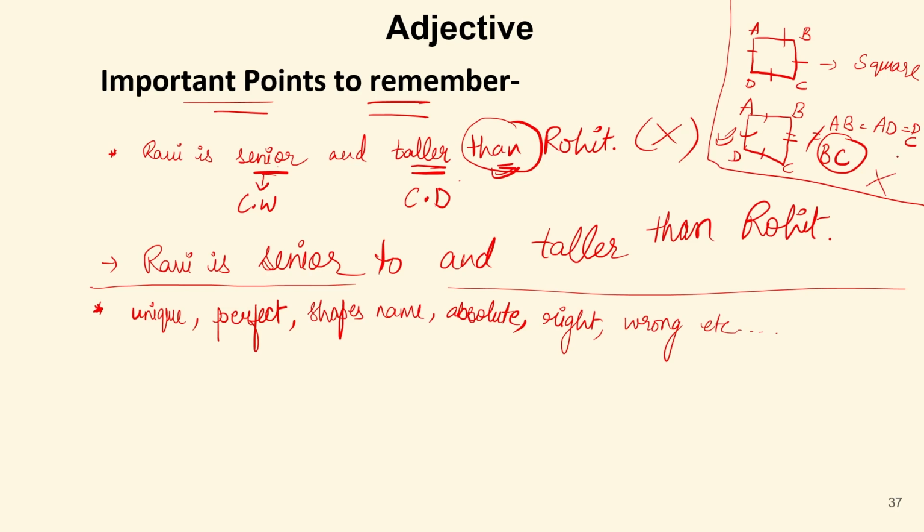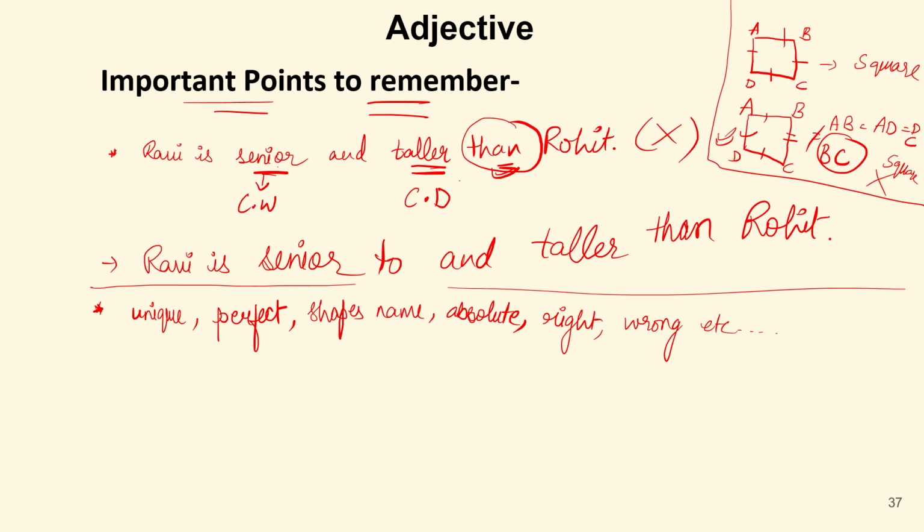No, this is not a square. Why? Because a square can only be if all the sides are equal. It means if merely a single side is not equal to the others, that is not a square.